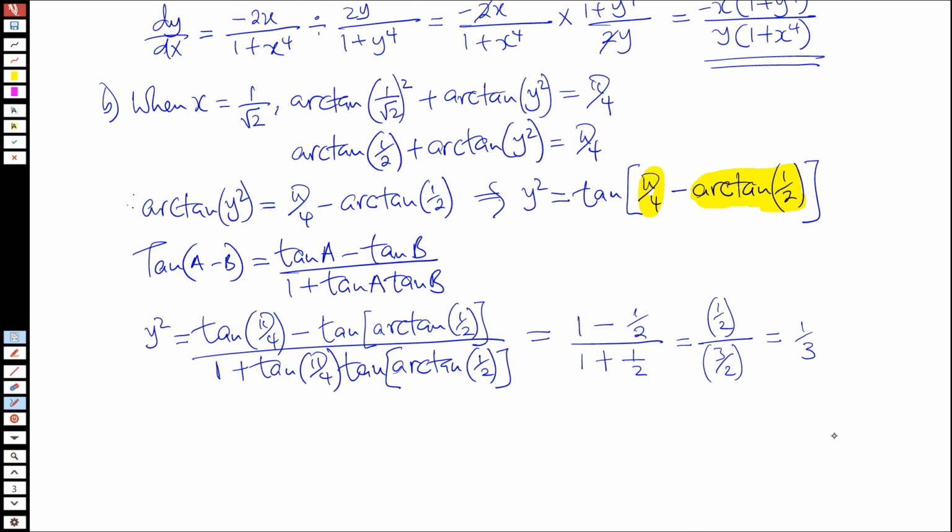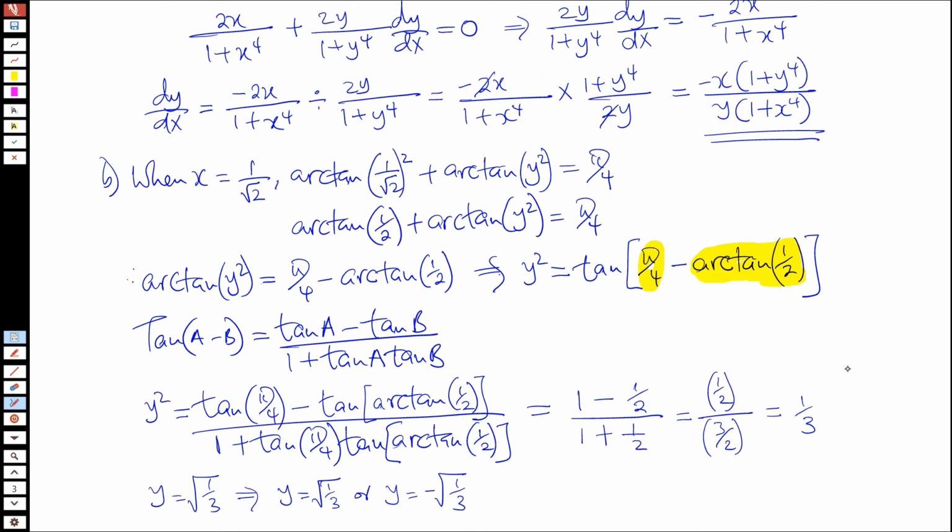So we can see now that y squared is equal to a third, which means y will be the square root of a third. So it follows that y is either positive square root of a third, or y is negative square root of a third.